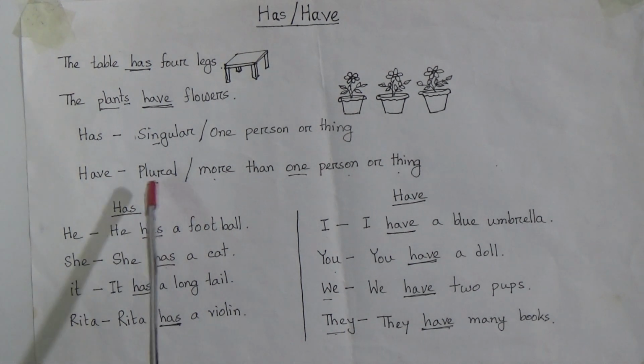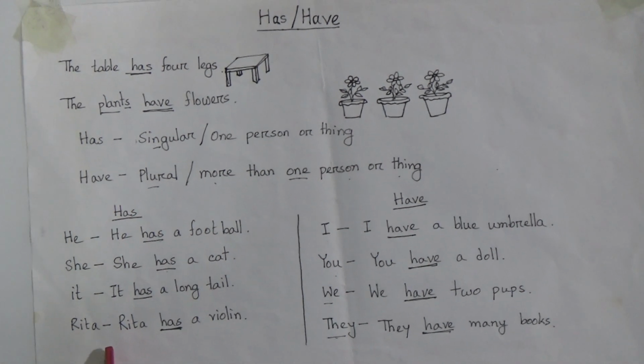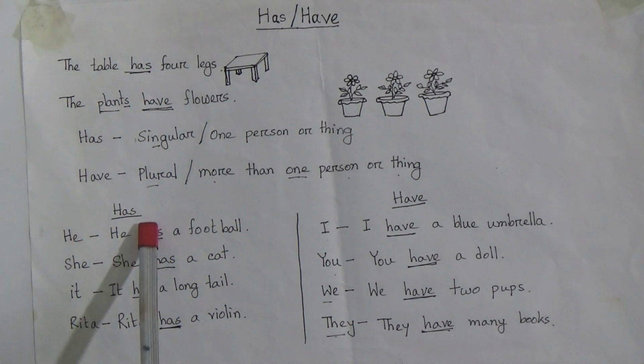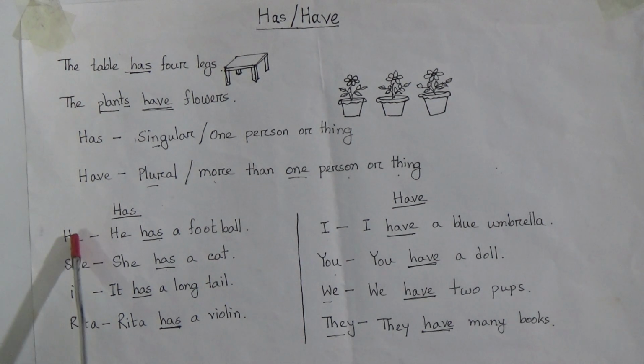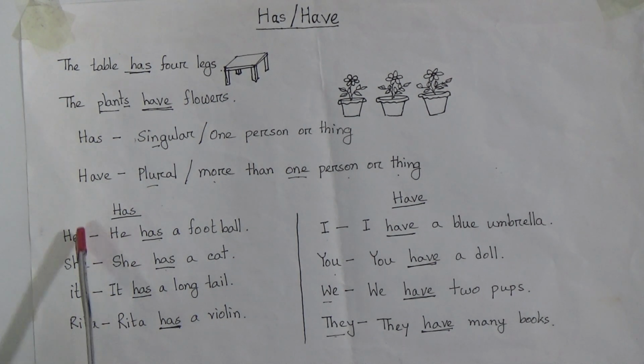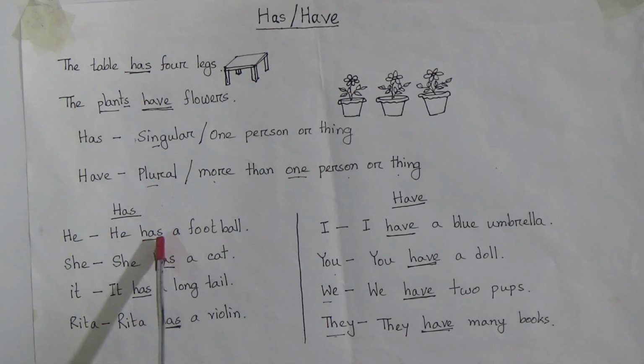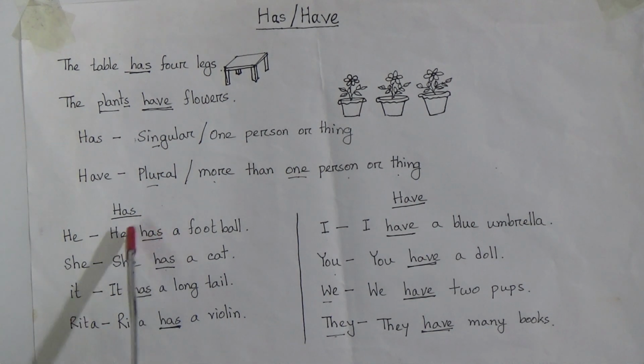Then we'll see with whom we will use has. We use has with he, she, it, or any kind of singular name. He has a football. Here we can see he is singular and we have used has with he.